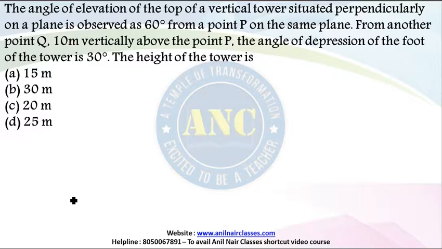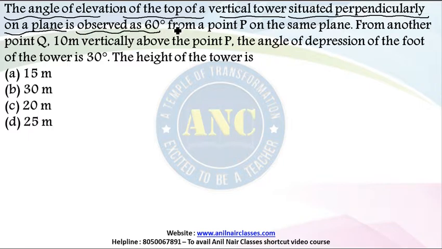Please see this question. The angle of elevation of the top of a vertical tower situated perpendicularly on a plane is observed as 60 degrees from a point on the same plane. There is a plane, let this be the horizontal plane.